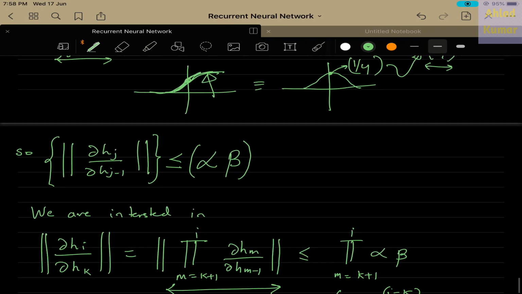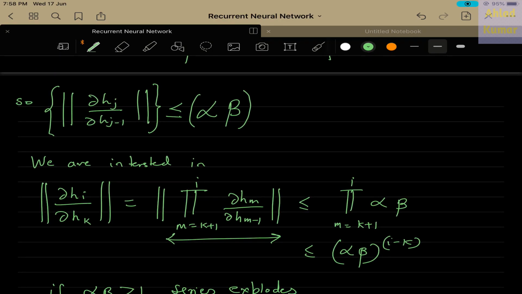Once you substitute the values, you know that each of these terms, partial of hj divided by partial of h of j minus 1, is bounded by alpha beta. So it is basically a product of alpha beta running from k plus 1 till i. For this product you have only i minus k terms, so it's bounded by alpha beta to the power of i minus k.